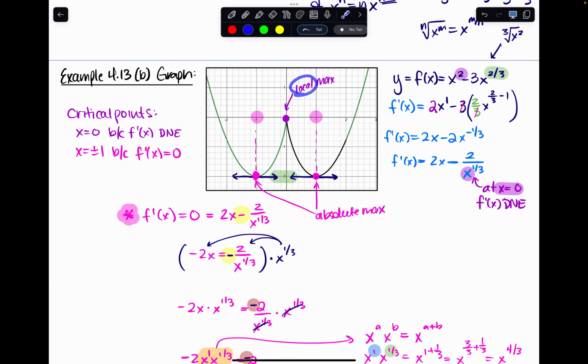Local, we'll talk about in class, but I'll just say it, means within a certain range of x, that point is the biggest. It's not the biggest overall, because there's points out here. On the restricted domain, however, it is the biggest, and I want you to review the textbook example of that as well, because the textbook example emphasizes that this is an absolute max on 0 to 2.